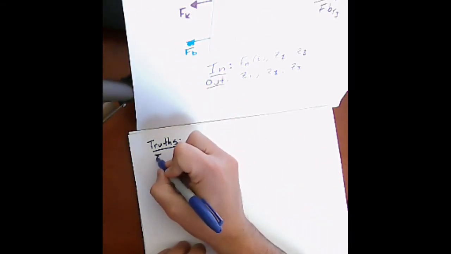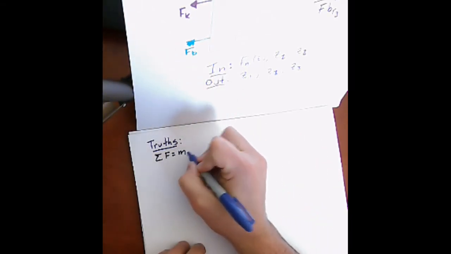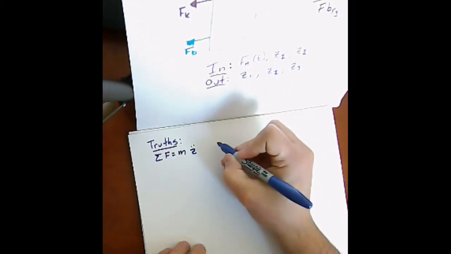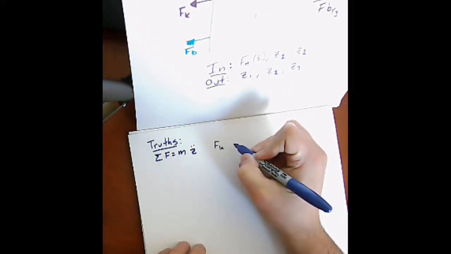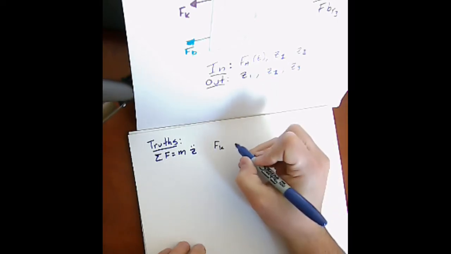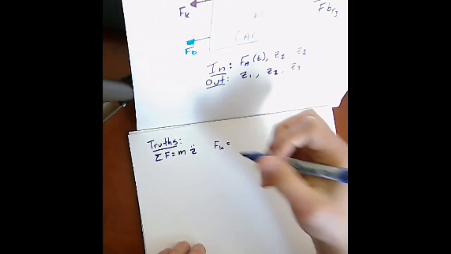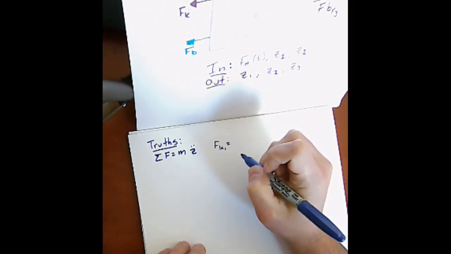We need our truths. Some of our truths are common. Sum of the forces is equal to mass times z double dot. In this case, we've got Fk, and I'm going to call the connection between the locomotive and car 1 Fk1.